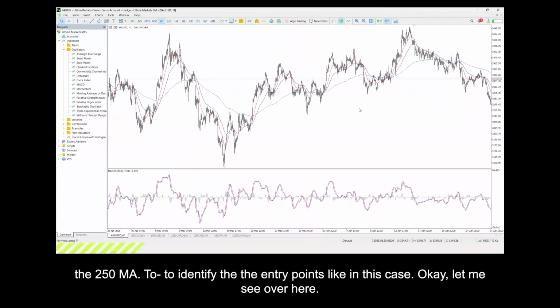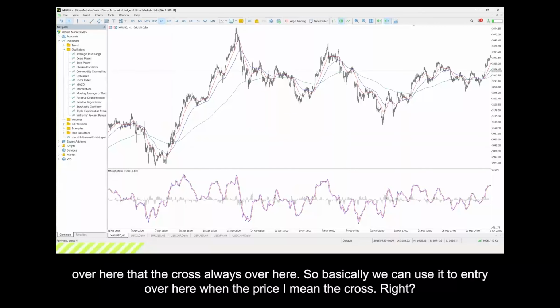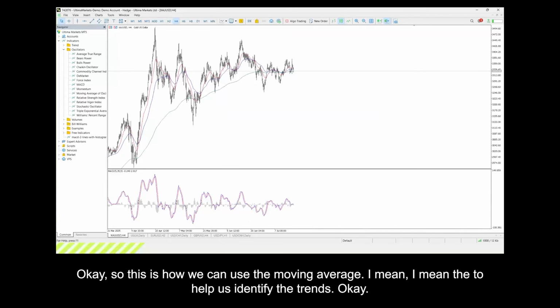Over here the crossover is over here. So basically we can use it to enter over here when the price and the EMA cross. Okay, so this is how we can use the moving average, the MA, to help us identify the trends.